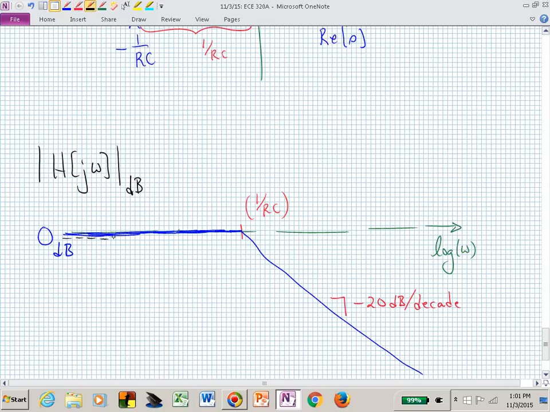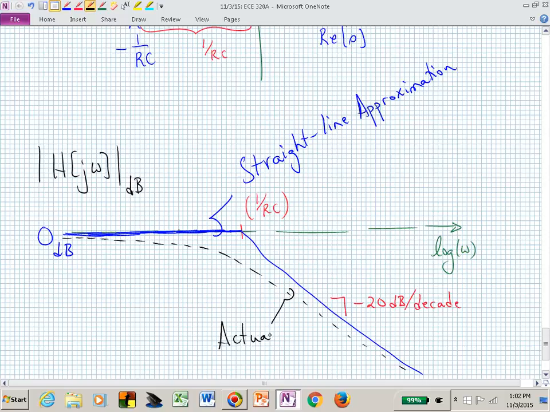Well, you know that this magnitude is always decreasing, and this is, let's say, the blue line is the straight line approximation, and the dashed black line, and the blue line is the one that we will focus on. This is the actual magnitude response.